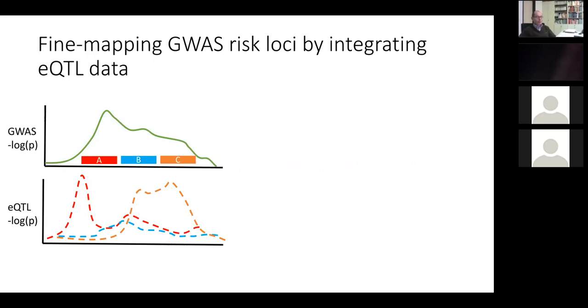Just by looking at this toy cartoon, there's no clear way to discern which gene is important for the trait just by seeing what falls within a risk locus. As there are 3 genes that have eQTLs, by looking at the overlap, there's no systematic approach that we can take.